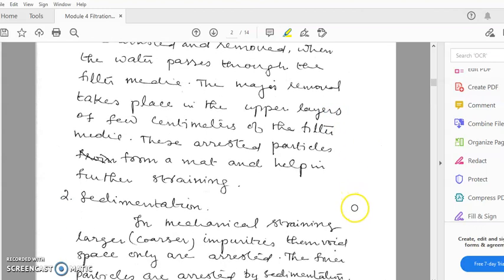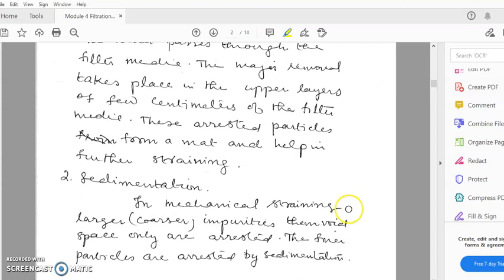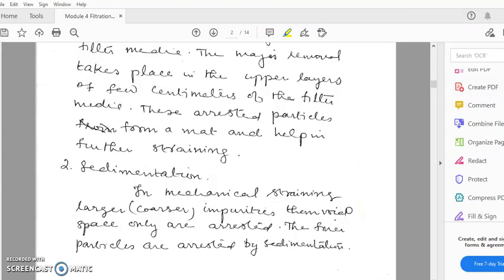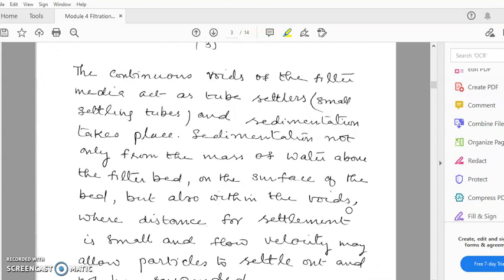Now the second process is nothing but sedimentation. So how will the sedimentation take place here? In mechanical straining, only the impurities larger than the void space are arrested, and the finer particles are arrested by sedimentation within the filter media. How is it taking place?